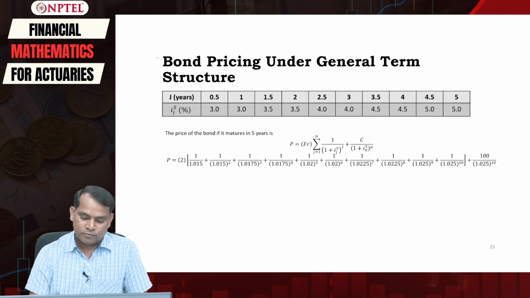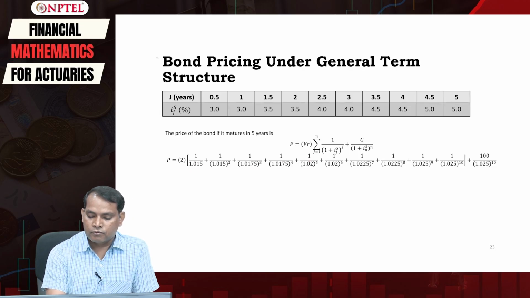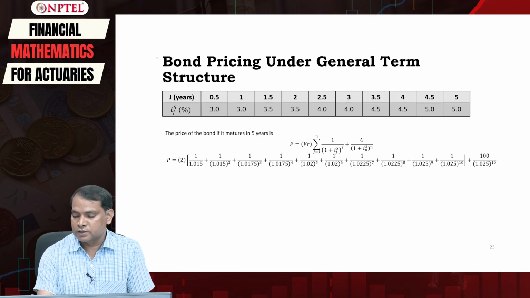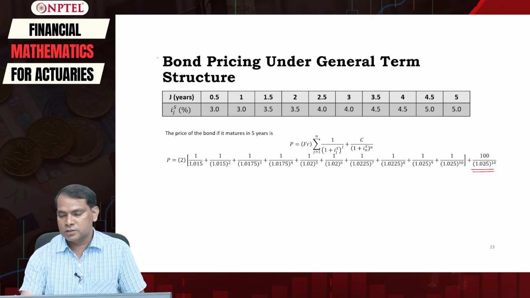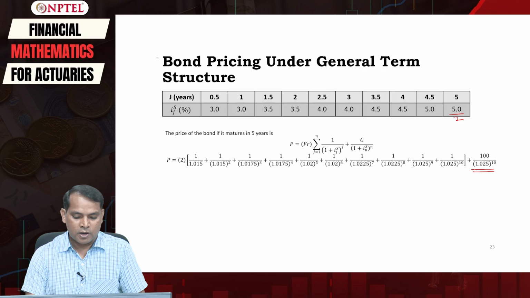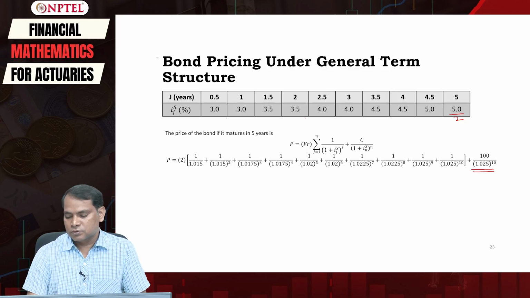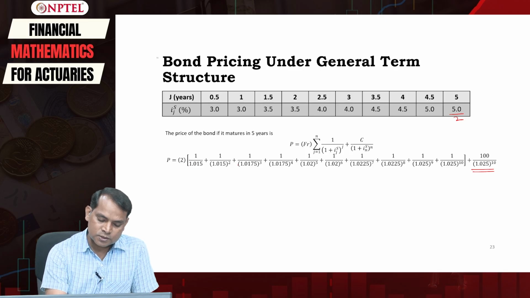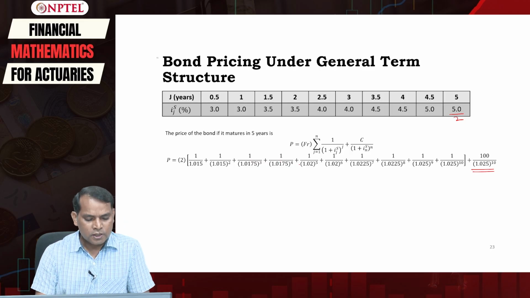I have now put it in for all 10, 1, 2, 3, 4, 5, 6, 7, 8, 9, 10, and the final value is 100 divided by 1.025, that is 0.25 divided by 2, and this value is directly taken as I have already told you. Once you do this, you will get the value for each term here.